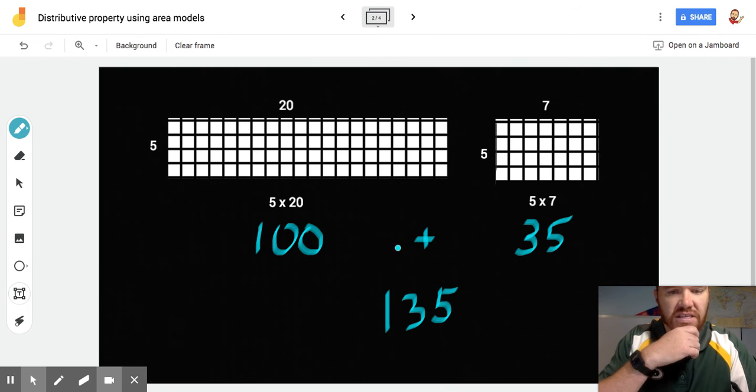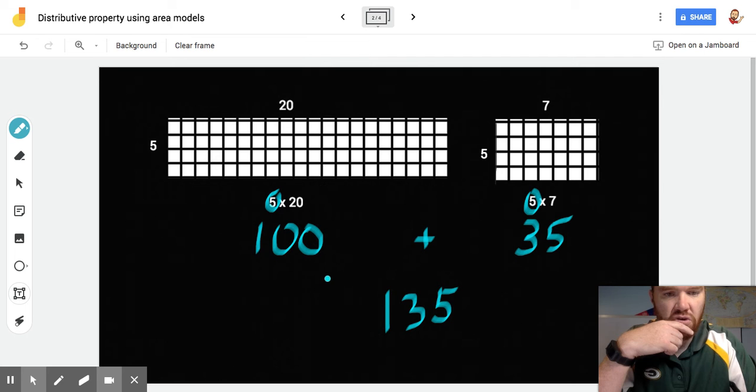Now, somebody might say, but why are we not doing 5 plus 5? Why are we not doing anything with the 5? Well, we are. We're multiplying it by the 20 and we're multiplying it by the 7. Okay? We also know that 20 plus 7 is 27.